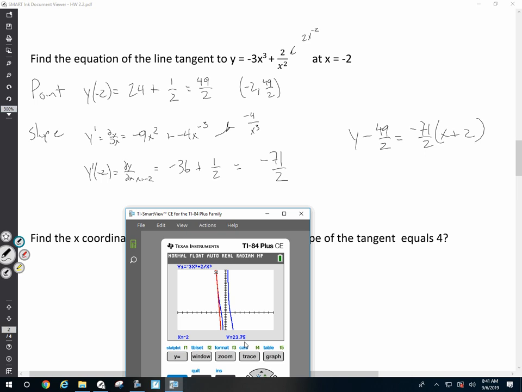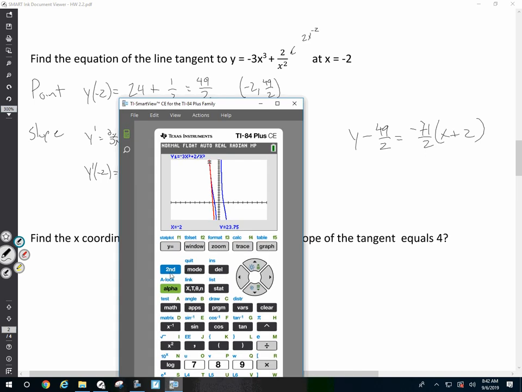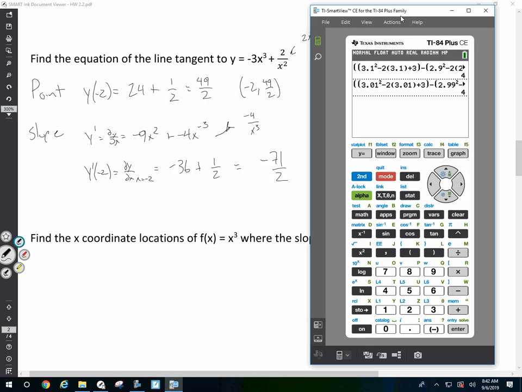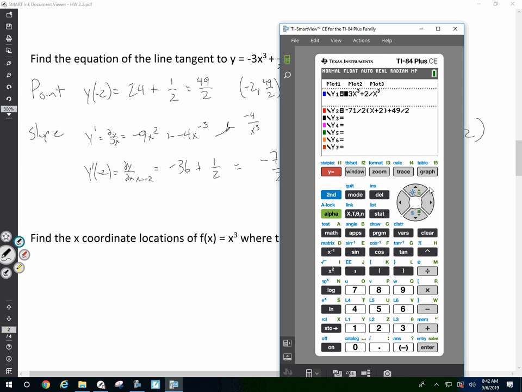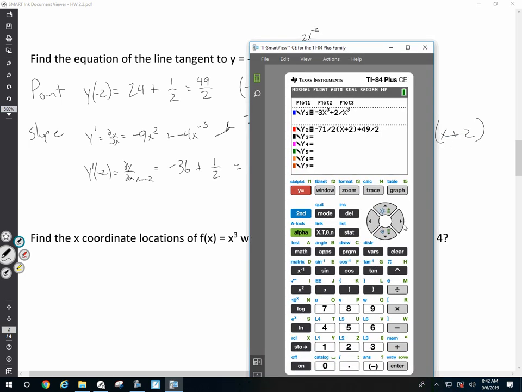Is it not 49 halves? -2 cubed is -8 times 3, positive 24. And then -2 squared is 4, so that's 2/4. That's 1/2. What's 49 halves? Not 23.75. Did I type the function in wrong? Yes, I did. Okay, phew.